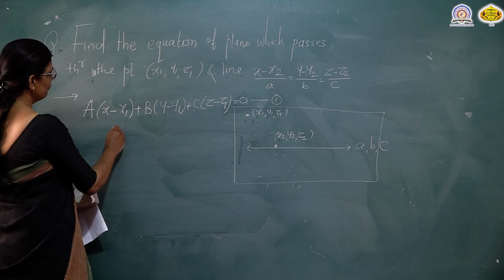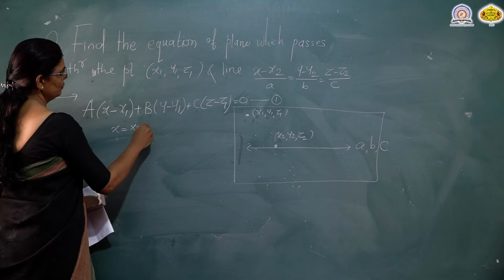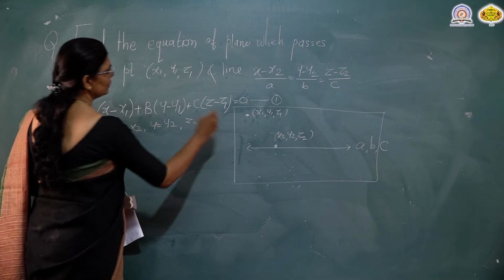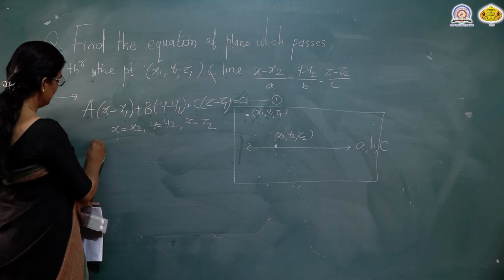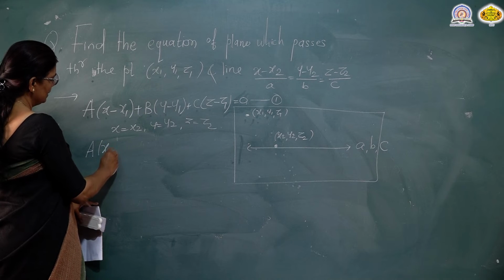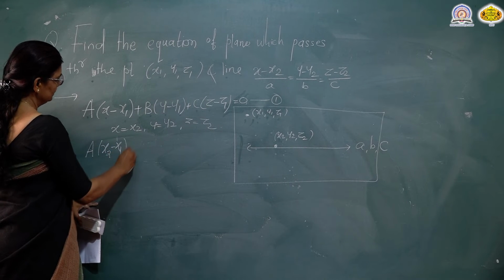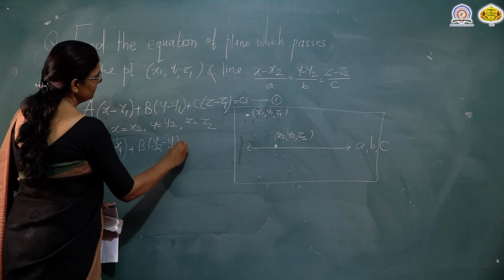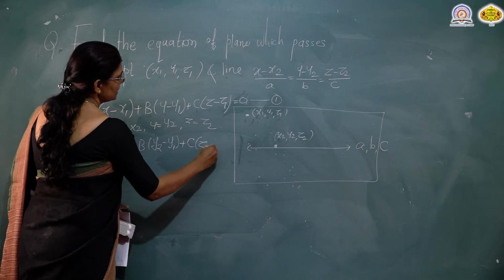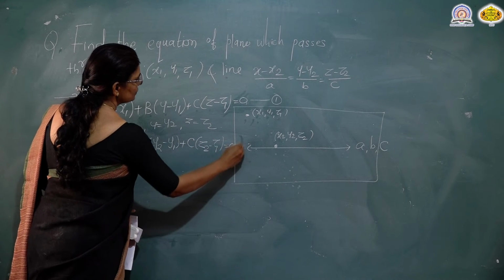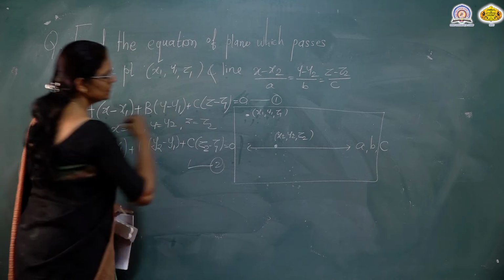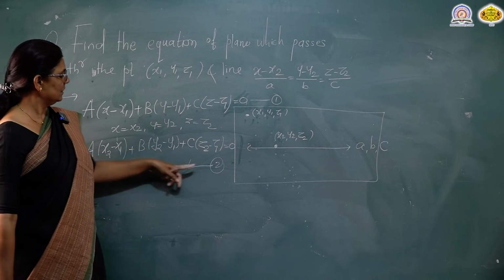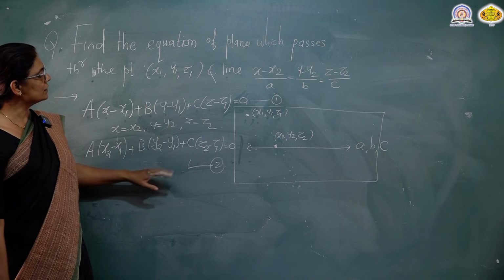So in equation 1 we put x equals x2, y equals y2 and z equals z2. So we get a times x2 minus x1 plus B times y2 minus y1 plus C times z2 minus z1 equals 0. I denote this as equation 2. So this is the second condition.